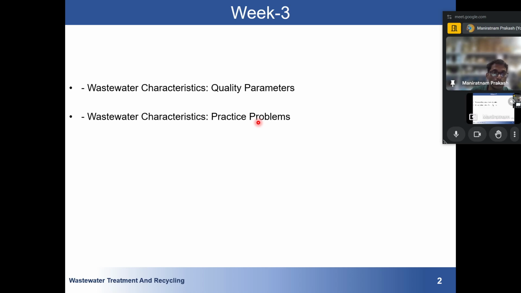So it's important that we should know about the parameters. If you have attended the class, you might have seen the different wastewater parameters such as turbidity, then color, then dissolved oxygen, COD, that is chemical oxygen demand, BOD, then different types of solids and all these things.